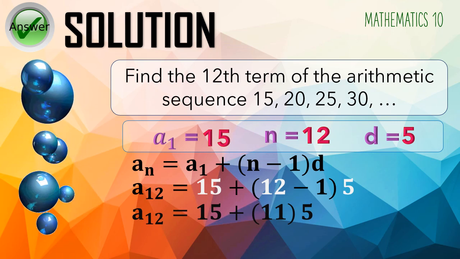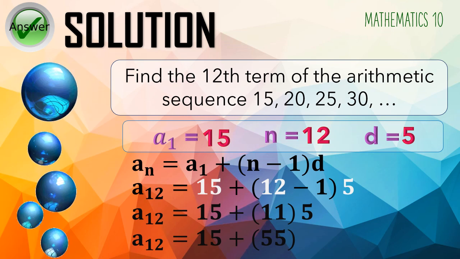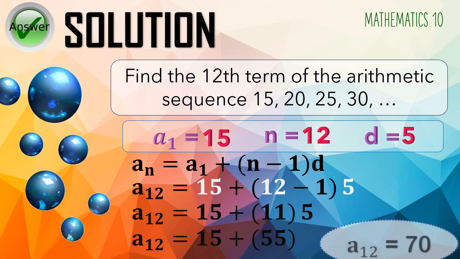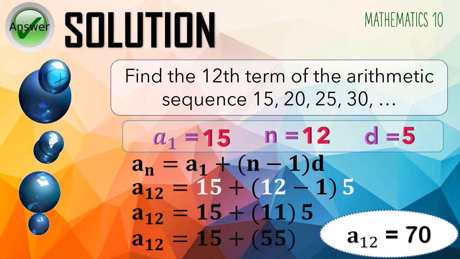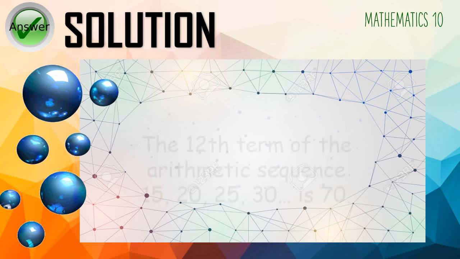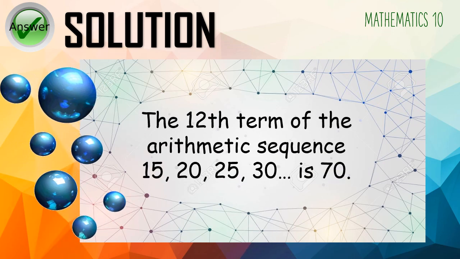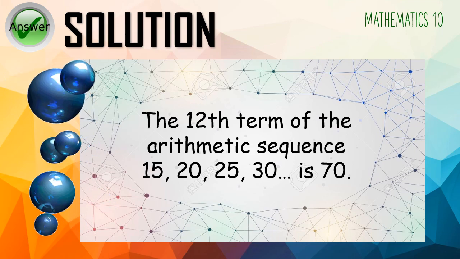Then 11 times 5 is 55. And lastly, 55 plus 15 we have 70. So therefore, our final answer is the 12th term of the arithmetic sequence is 70.